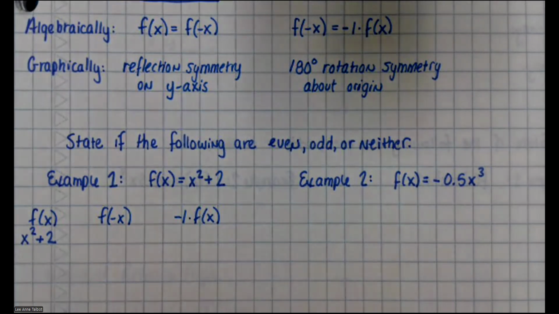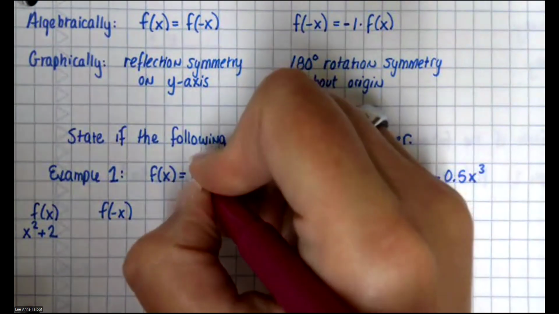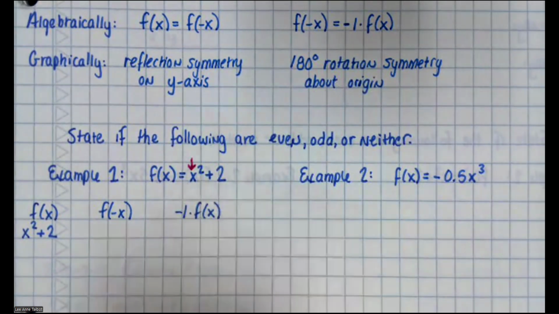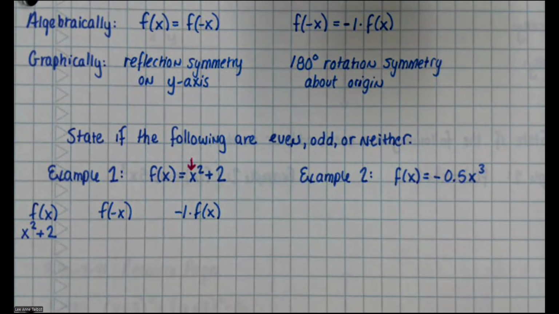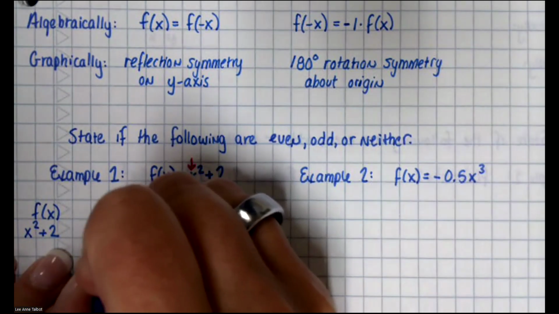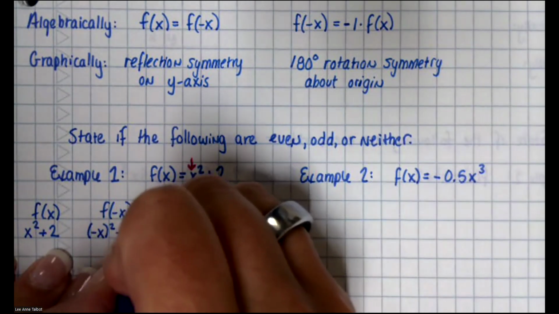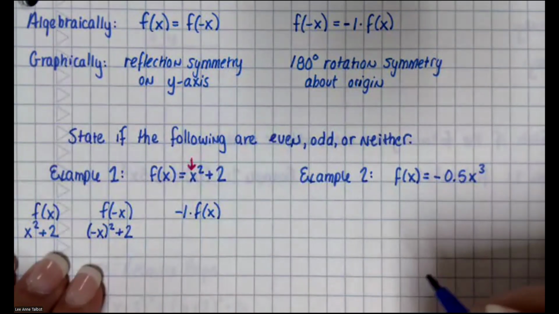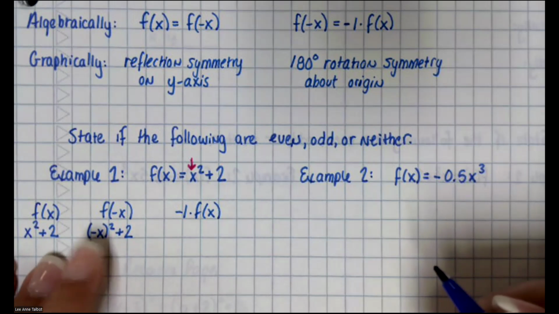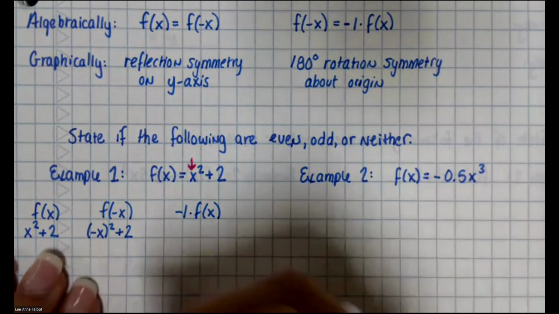Okay, now column 2. I'm going to put an arrow here because I want to show you where x is, and we're going to replace that with a negative x. But you have to be careful and do it in parentheses. So negative x squared plus 2. Now, a negative times a negative is a positive.